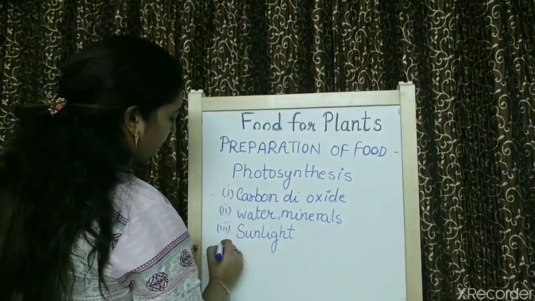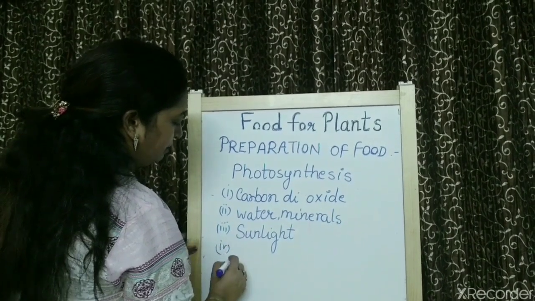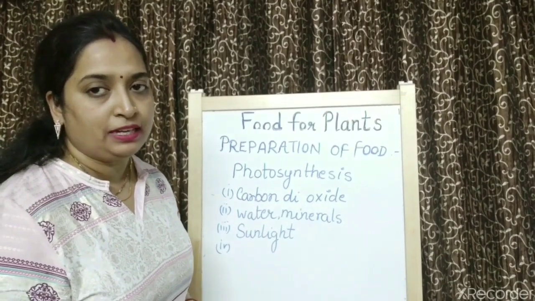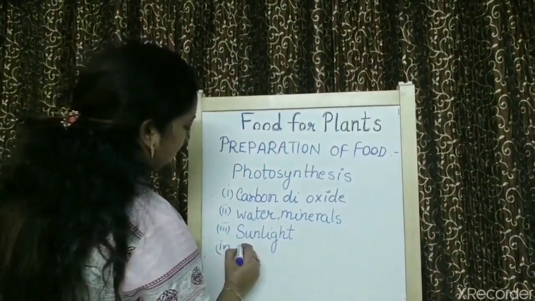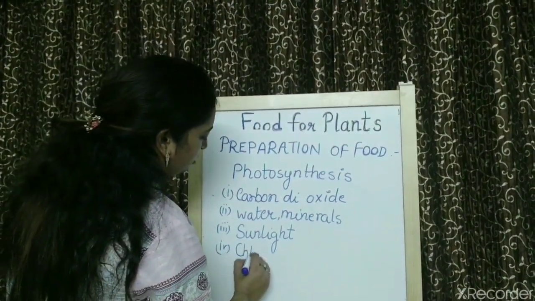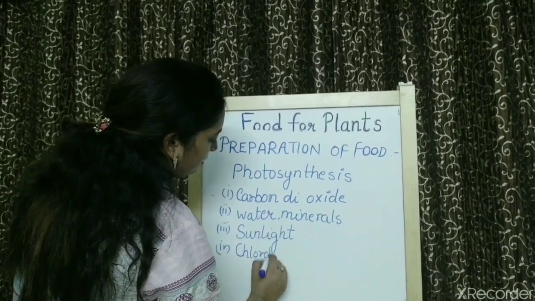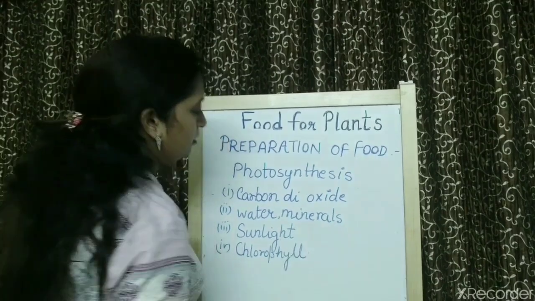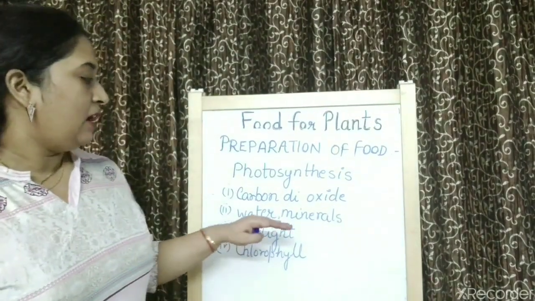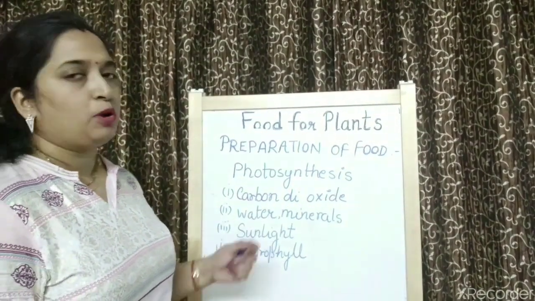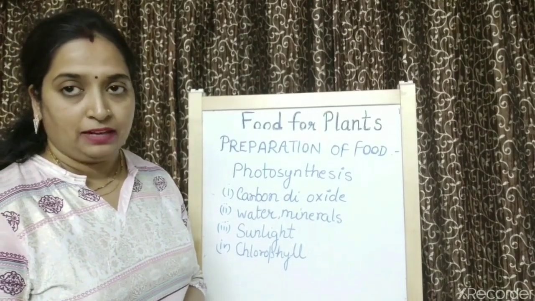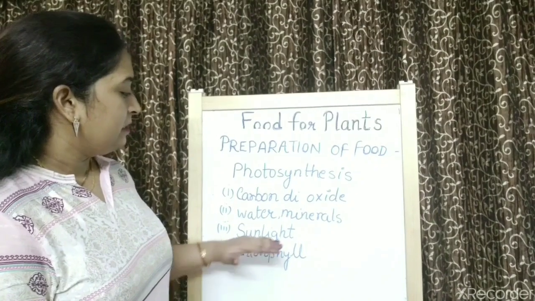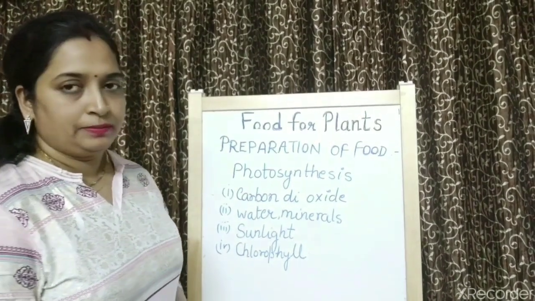And then comes a pigment. Without that pigment, plants cannot absorb sunlight. That's why this pigment is needed. In presence of pigment, chlorophyll, plants prepare their food. So children, these are four basic needs for the process of photosynthesis in plants. What are these? These are carbon dioxide, water and minerals, sunlight and chlorophyll.